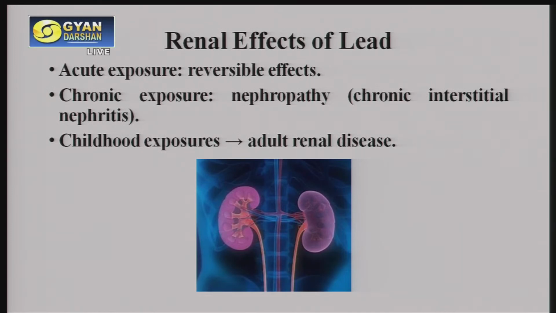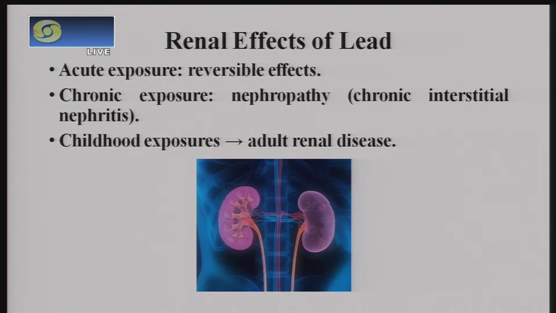What are the renal effects of lead? In the renal system, it causes nephropathy, a form of chronic interstitial nephritis, which affects the tubules of the renal system.